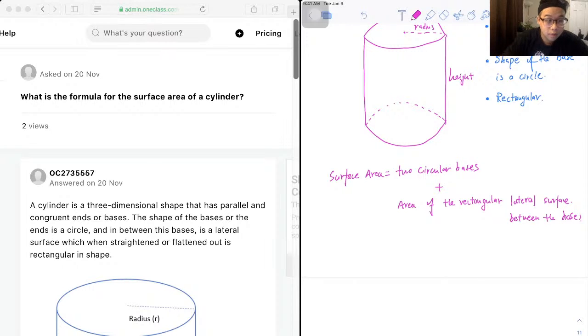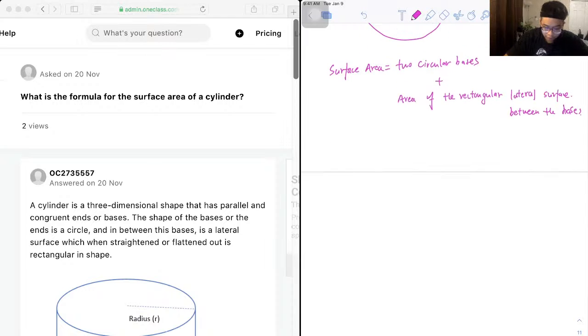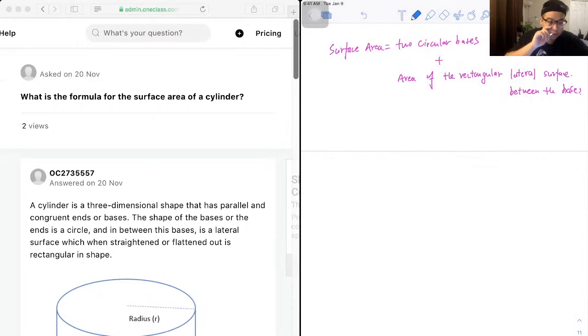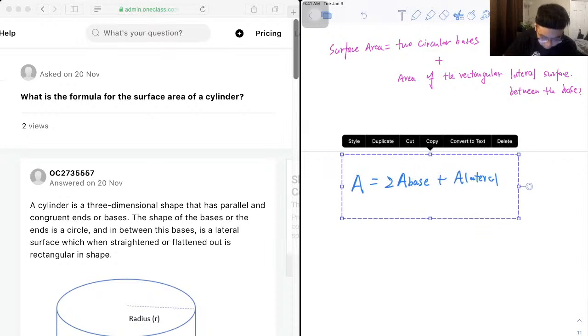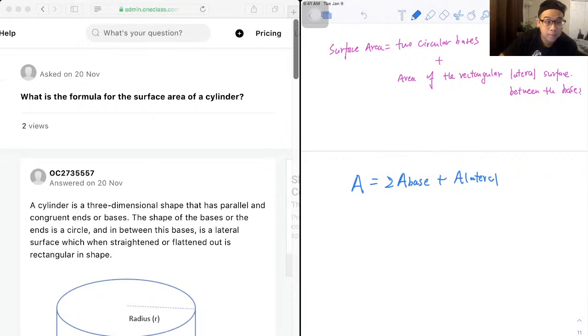Alright, so if you want to use symbols to represent this, area is equal to area of base plus area of lateral. Right.